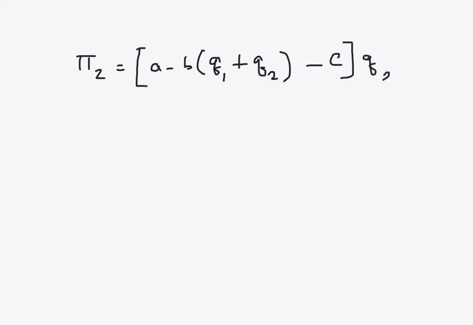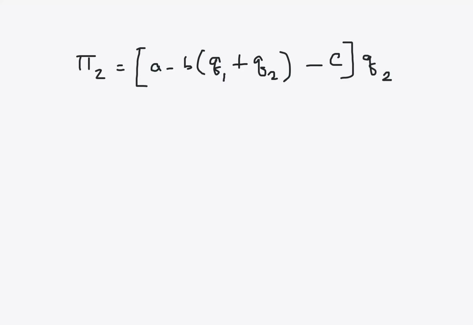Price is a minus b times Q, where Q is the output produced by firm one and the output produced by firm two. So a minus b times Q is your price, minus the cost of production of firm two, c. But it's the same, we are assuming. You can always have a different cost here for the two firms. And then you multiply it by the quantity produced by firm two.